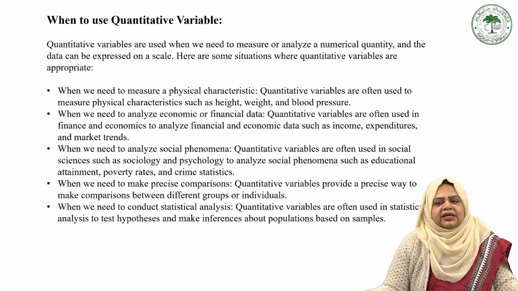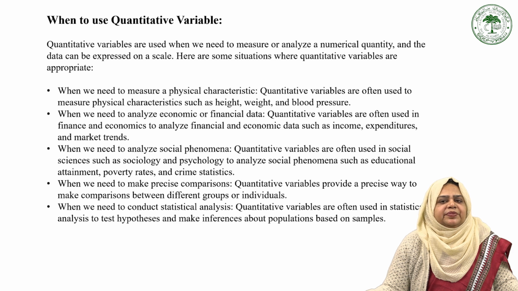For instance, they can explore how educational attainment impacts employment opportunities, income levels, and overall quality of life. By analyzing the data associated with this quantitative variable, researchers can gain valuable insights into the role of education in shaping individuals' experiences and societal dynamics.